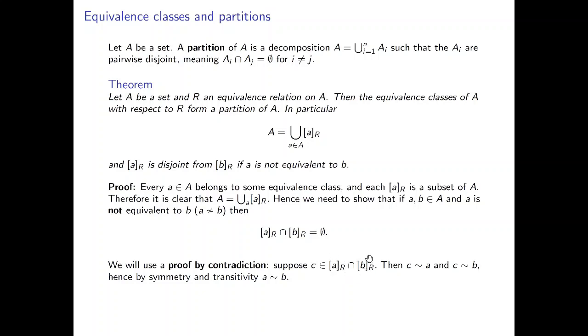Right, so let's suppose that I have some element C, which is in the equivalence class of A and also in the equivalence class of B. So by definition, C has to be equivalent to A because it's in the first class, and also C has to be equivalent to B because it's in the second class.